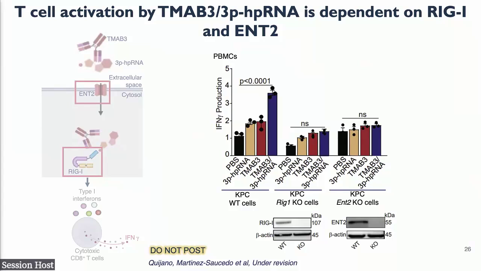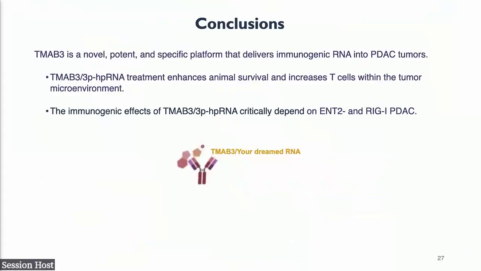When we repeated these experiments, but with the KPCs that were RIG1 and ENT2 knockout, we see that this production is abolished, meaning that we can take advantage of this system that has high expression of ENT2 to trigger and change the tumor microenvironment.